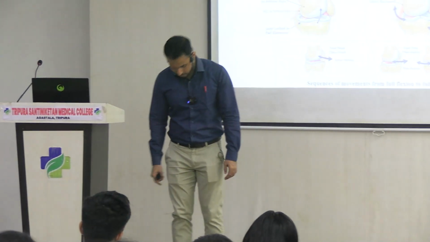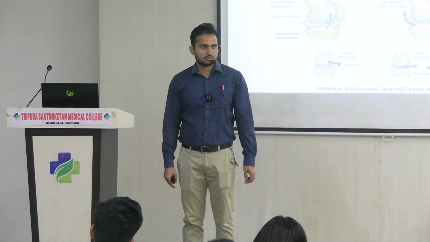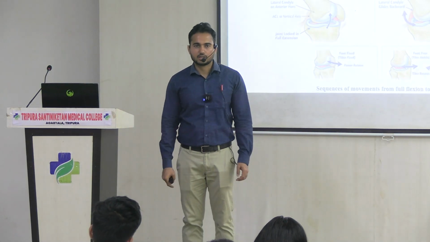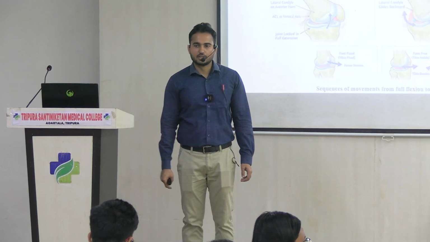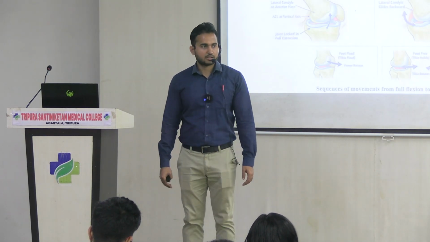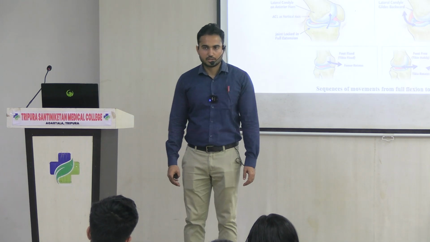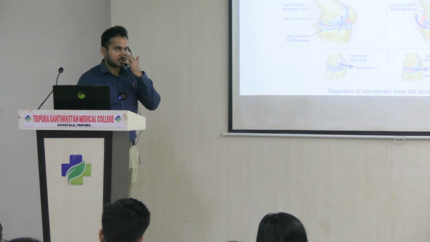Now if the foot is on the ground, how will you do the flexion and extension? Whenever you are sitting and whenever you are standing. In sitting and standing, what happens? Whenever you are sitting like this, what is happening? Flexion is happening, and like this, extension is happening. Okay. So in both the cases, the rotations are different.